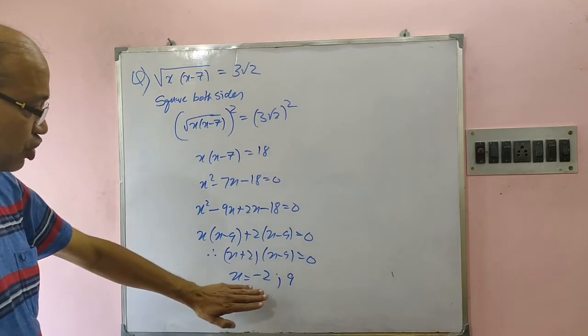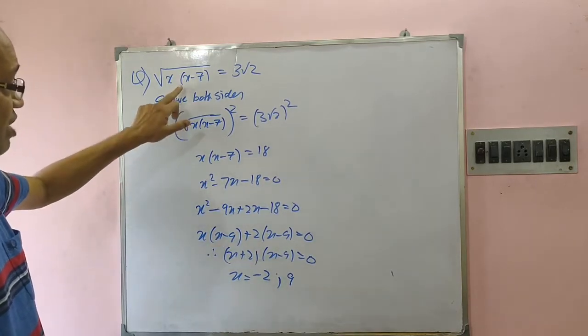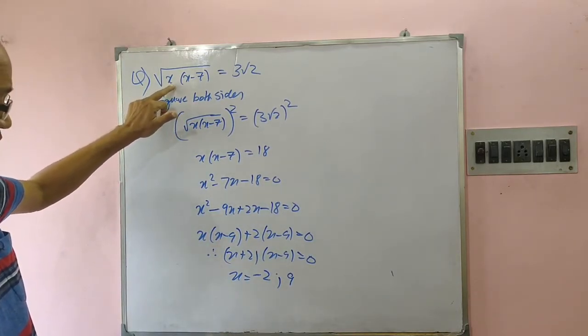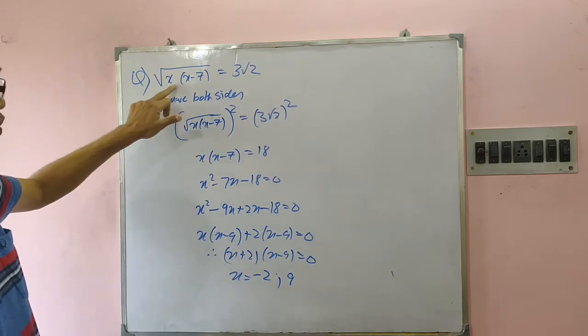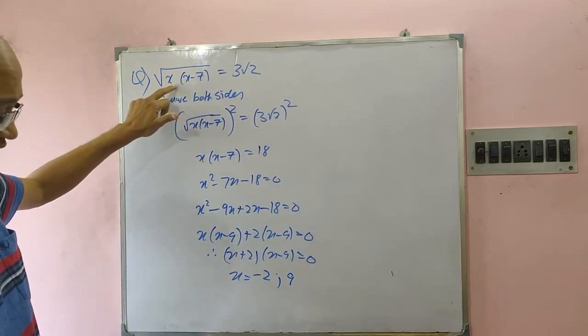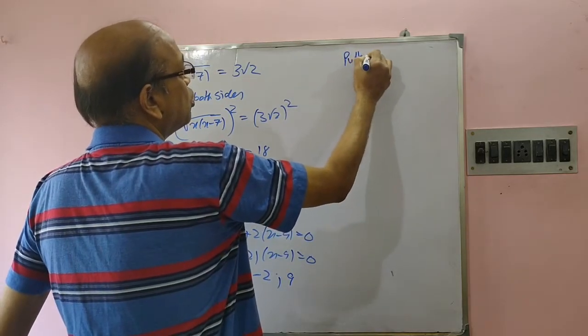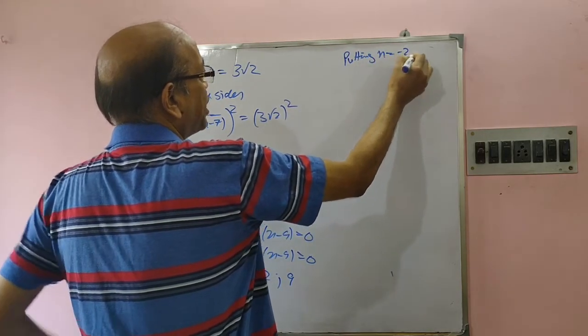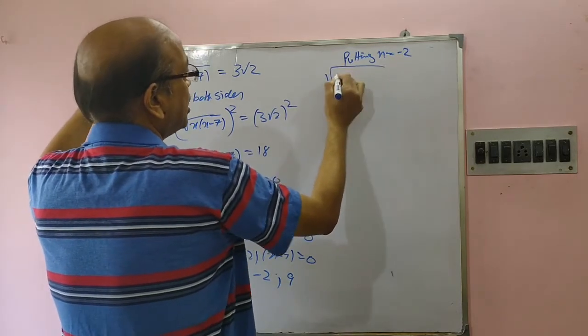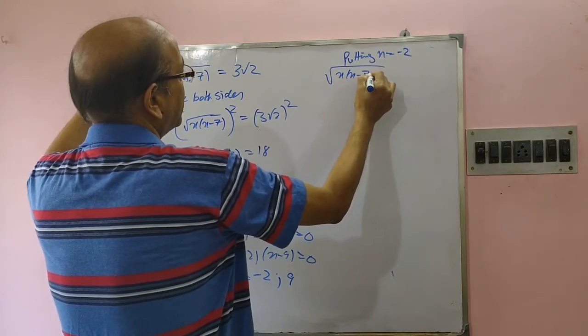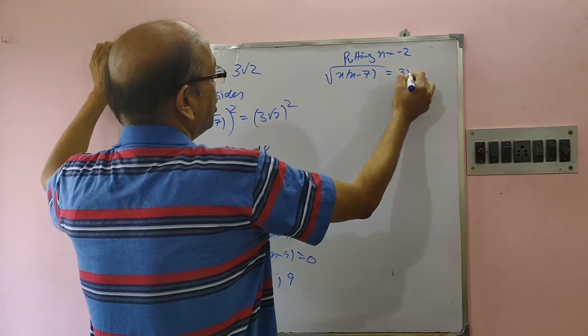When I get these values, I say whenever there is a square root problem, put these values in and check for the answers. Now putting x equals minus 2 in root of x into (x minus 7) is equal to 3 root 2.